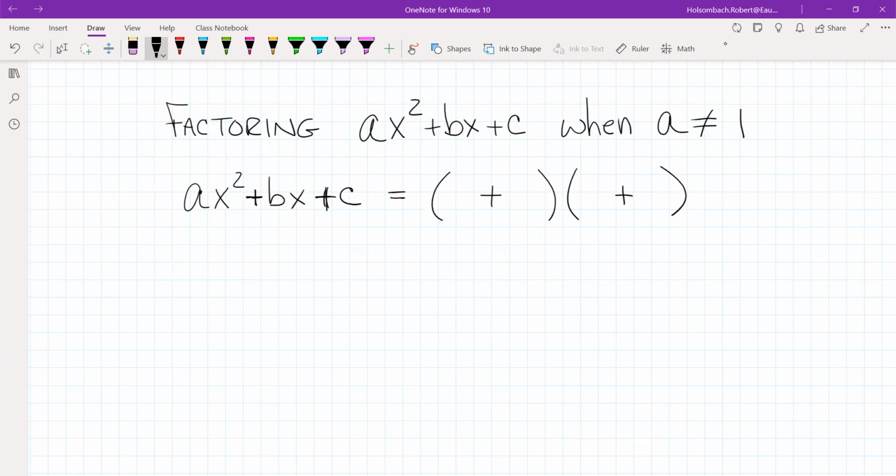Okay? Now, I'm going to show you 2 ways to factor these problems. When we're picking out the factors for this trinomial, whatever is in this position of the first factor times whatever's in this position of the second factor has to be equal to the ax squared. Agreed?